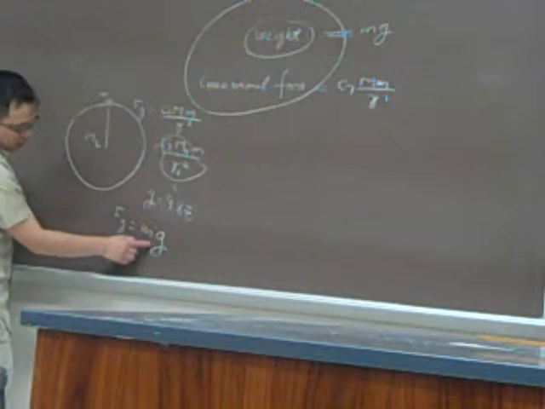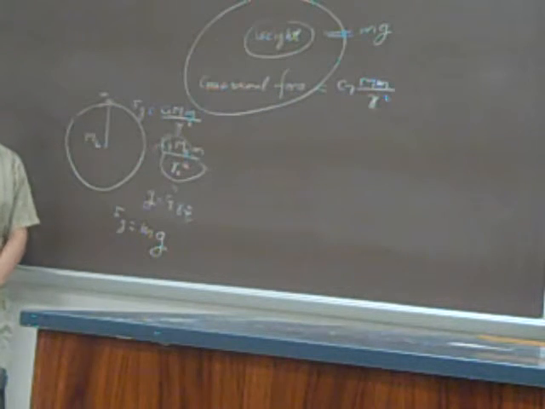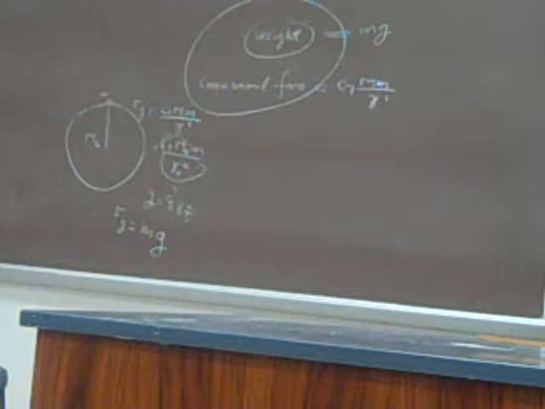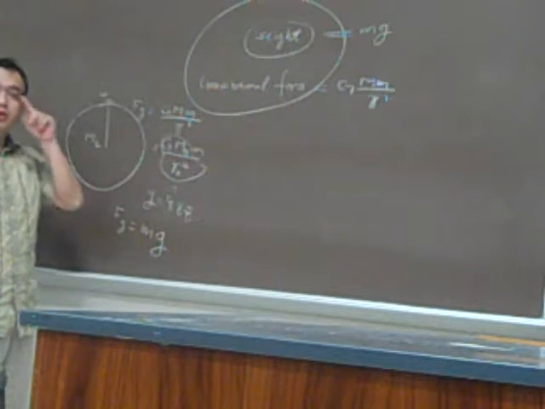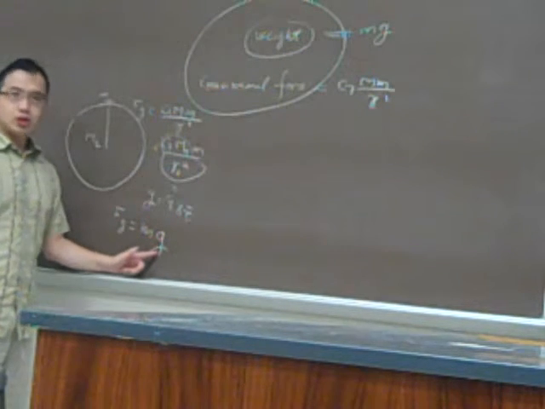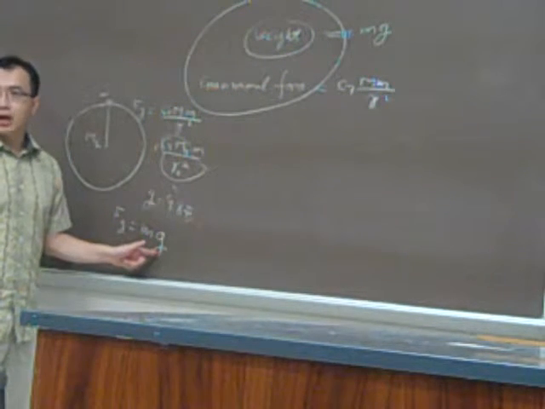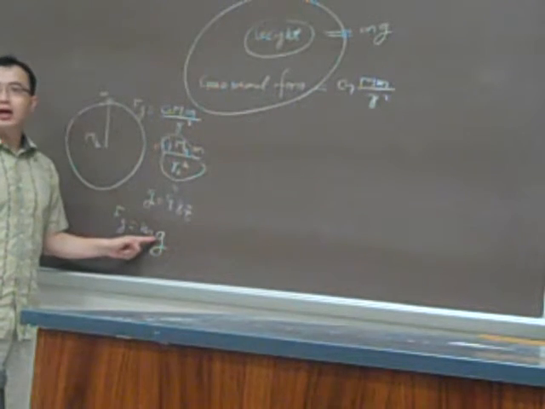In fact, g is a derived constant. It's a combination of these constants from the general rule. Please note that capital G is called the universal gravitational constant, and small g is called the gravitational constant. The difference is that this one is universal, and this one is not.